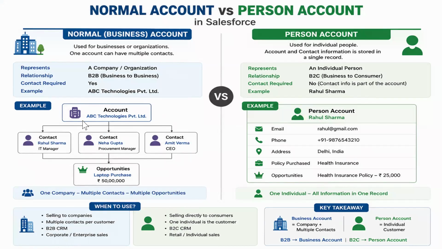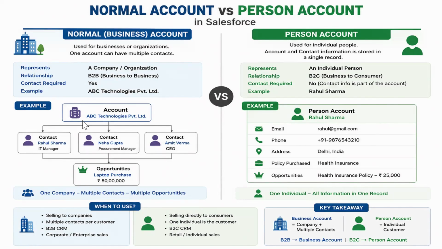But what if your customer is an individual and not a company? What if that person is not associated with a company? For example, bank customers, insurance customers, students, retail customers, healthcare patients. In this situation, creating both accounts and contacts separately becomes unnecessary. That's where person account comes in. A person account allows you to manage an individual customer using a single record.